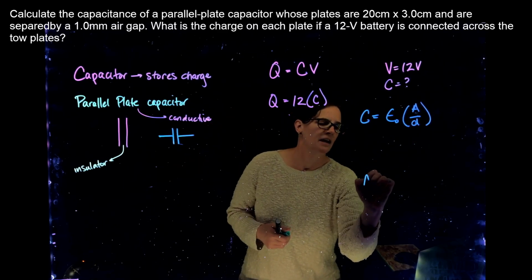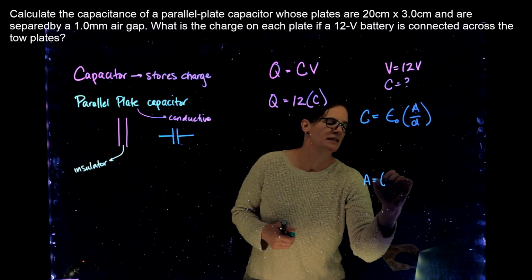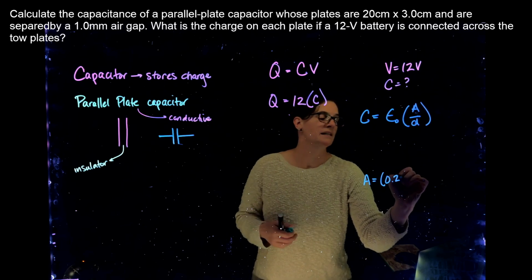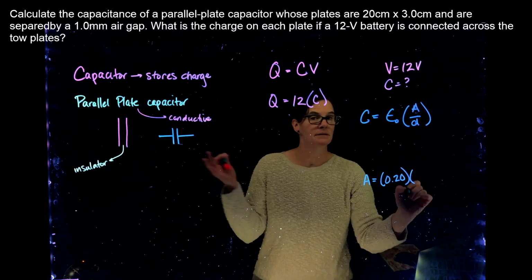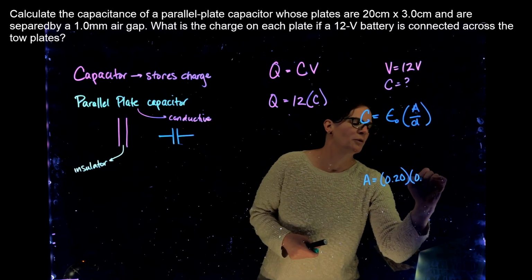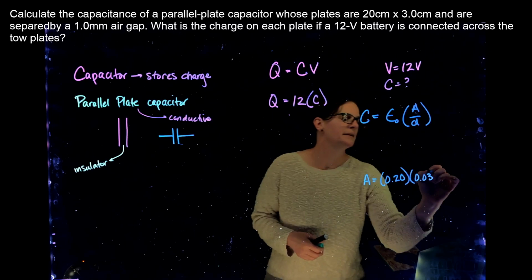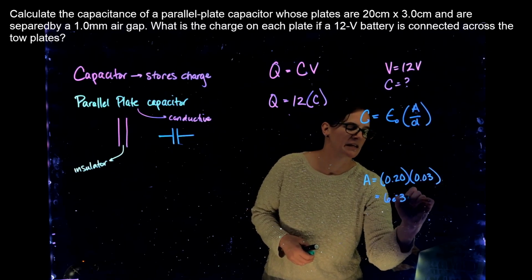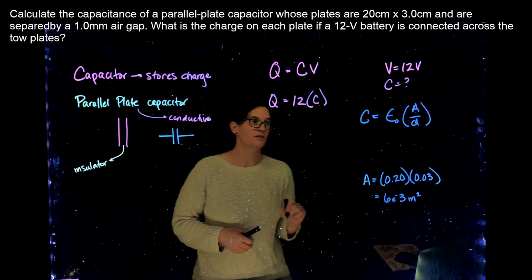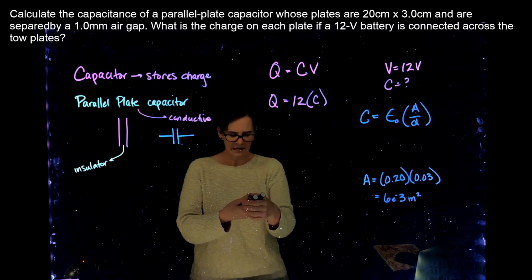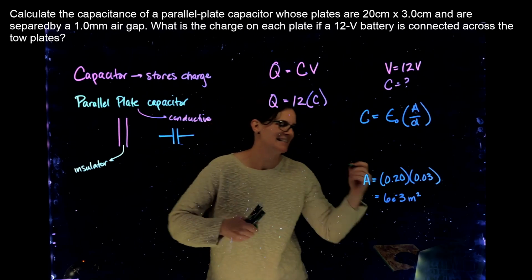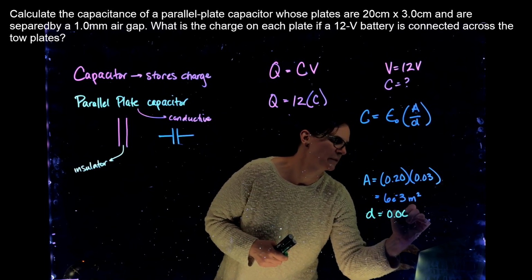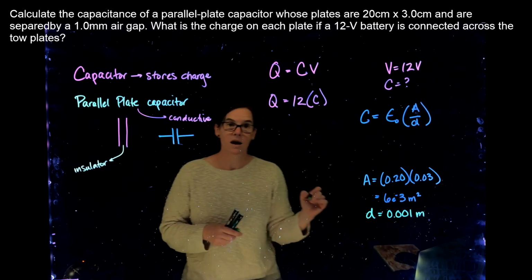The area of our parallel plate capacitor is going to be 0.2 meters, so 20 centimeters, times 0.03, or 3 centimeters, which is 6 times 10 to the minus 3 meters squared. So that's our area. And our separation distance is given as 0.001 meters, so 1 millimeter.